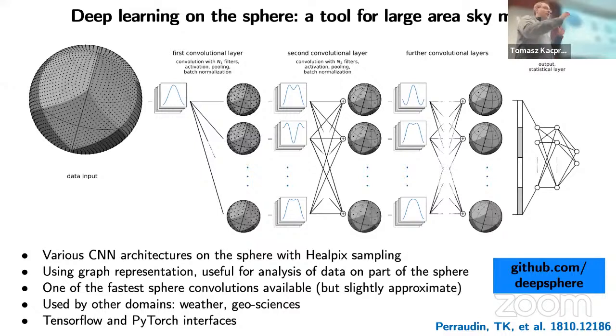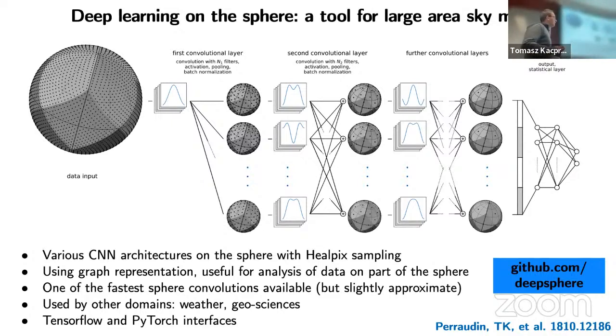And we use the hierarchical structure of HEALPix to do convolutional neural net operations like pooling and creating designed filters. This is a picture from the paper about DeepSphere.